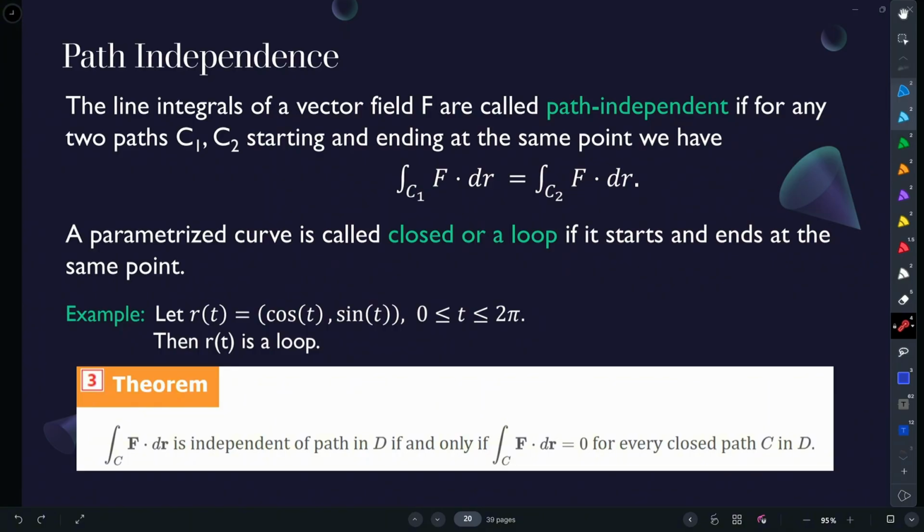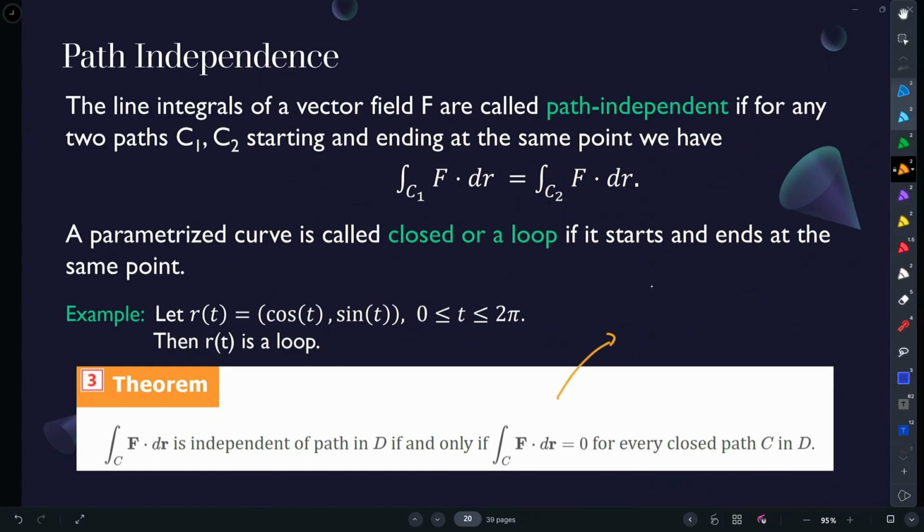For example, if you consider a conservative field, the theorem of line integrals tells me that the answer will be f of the end minus f of the beginning. But if the end and the beginning are the same thing, then it's f minus f equals 0.